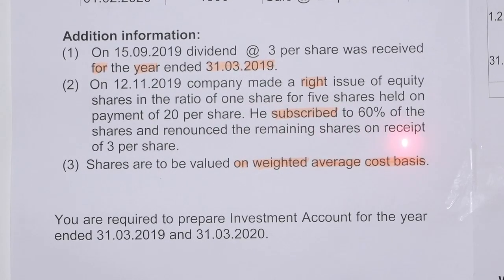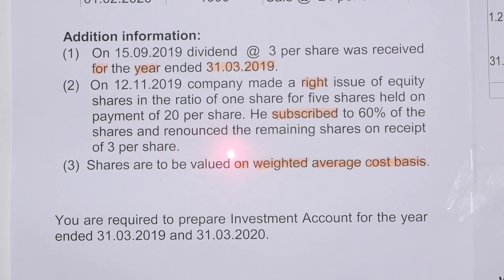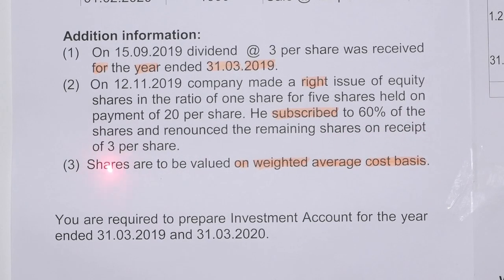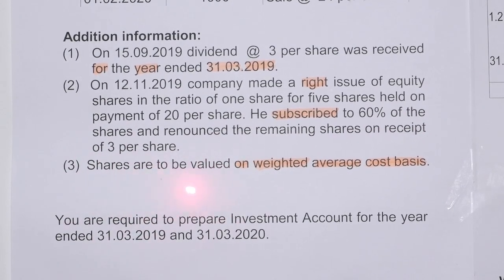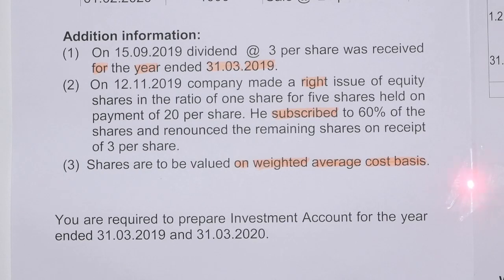What is a rights issue? A rights issue is a way by which a listed company can raise additional capital. However, instead of going to the public, the company gives its existing shareholders the right to subscribe to newly issued shares at a lower price. He subscribed to 60% of the shares and renounced the remaining shares on receipt of 3 per share. Shares are to be valued on weighted average cost basis.